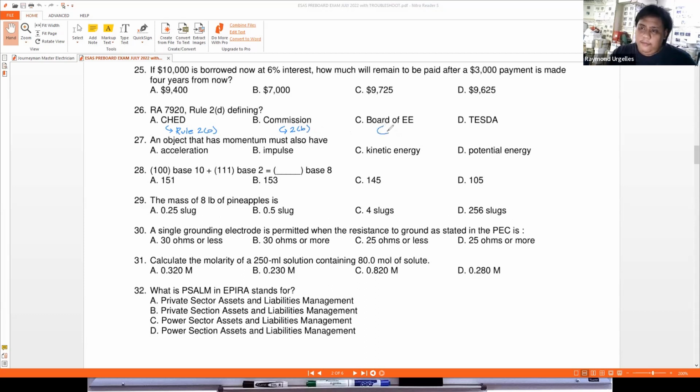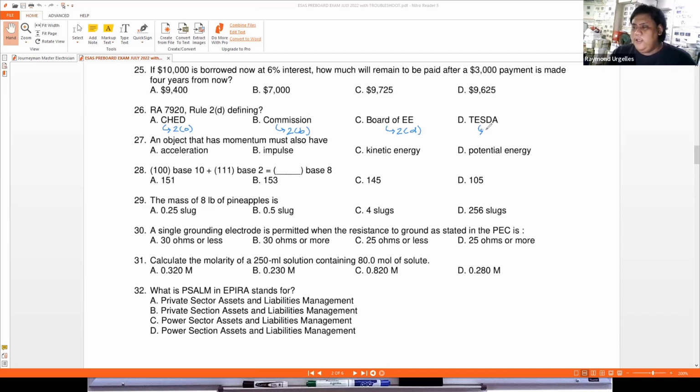Then the Board of EE is Rule 2D. In RA 7920 it only says board, but the definition says it is the Board of EE. Let's repeat. This is Rule 2O, this is 2B, and this is Rule 2D. Then TESDA is Rule 2P.